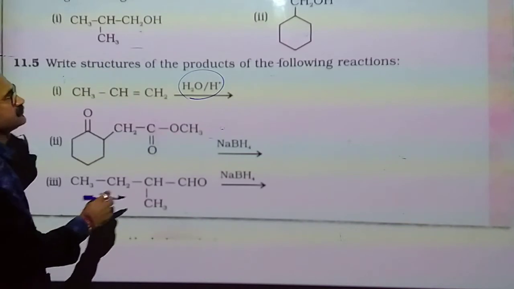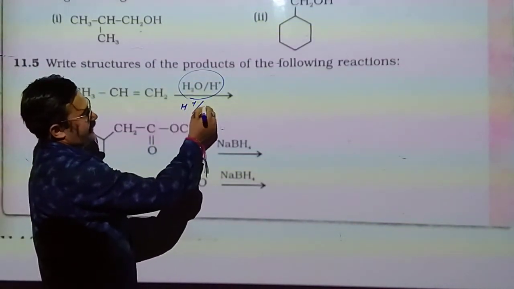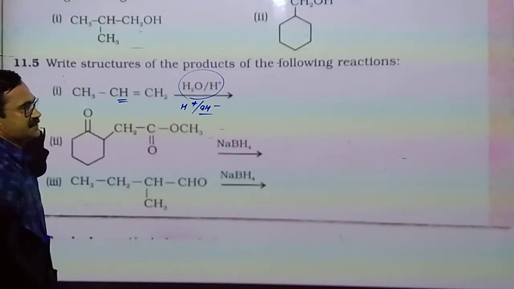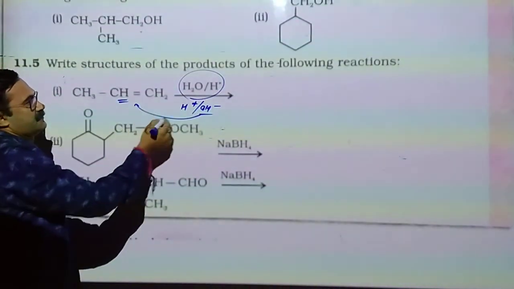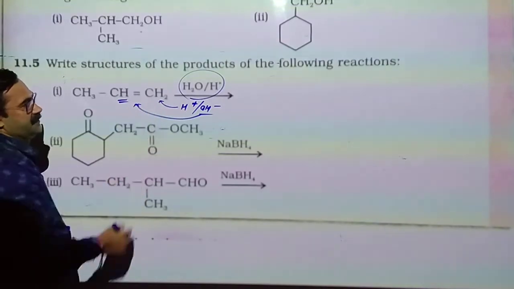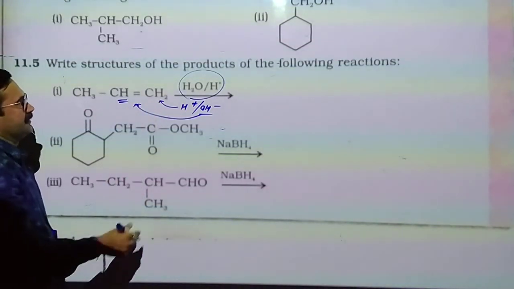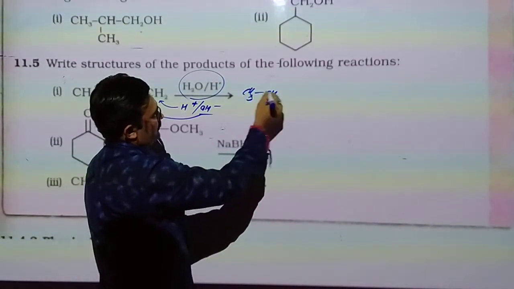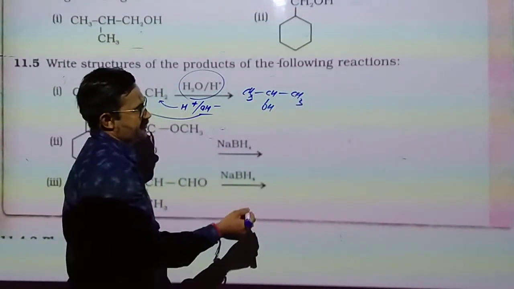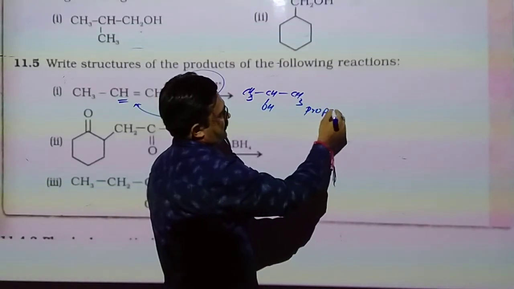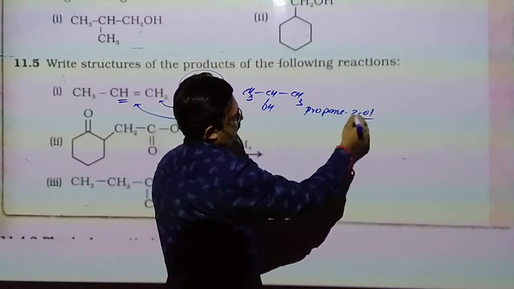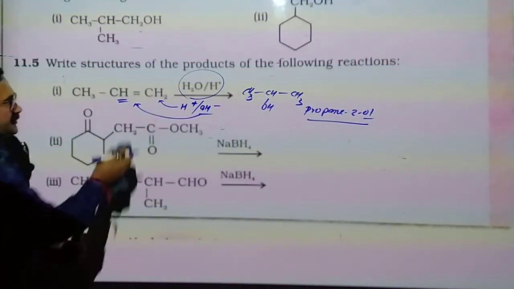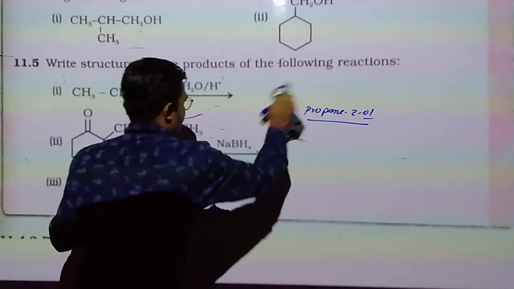So we know the more negative part, OH minus, combines with the carbon having less hydrogen, and the positive part combines with the carbon having more hydrogen. So CH3 CHOH and here CH3. So propan-2-ol is our product. Understood? This is our product, propan-2-ol.